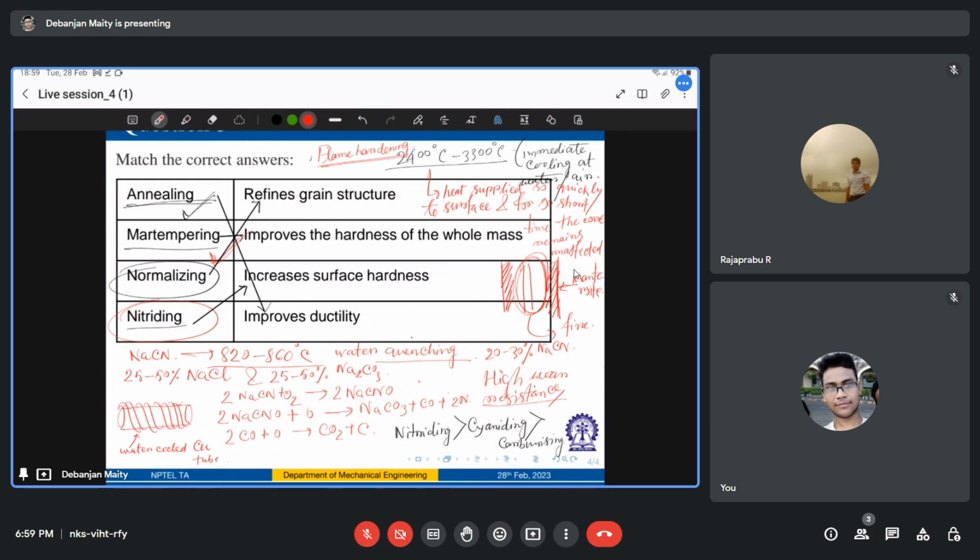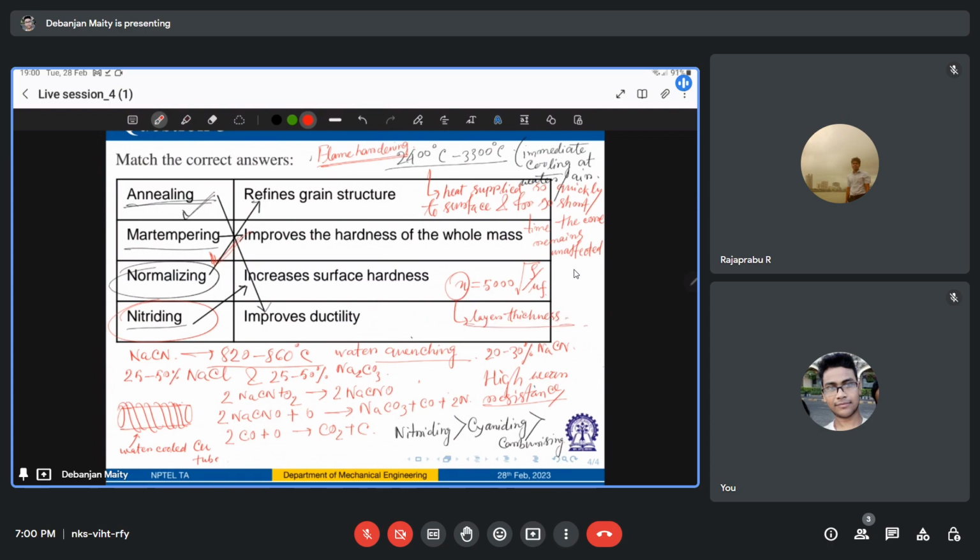Where should I write? Okay, let us write it over here. So there is some relation like x equals square root of rho by pi mu f. This is the layer thickness where heat is getting generated.